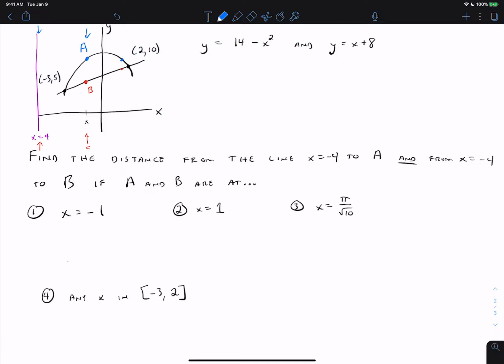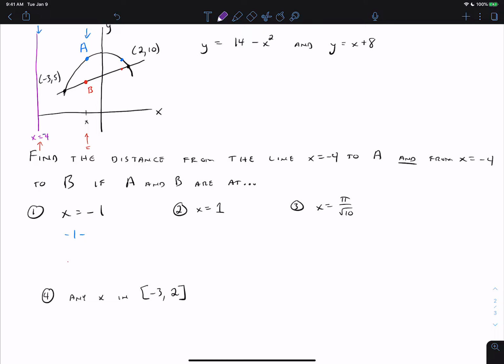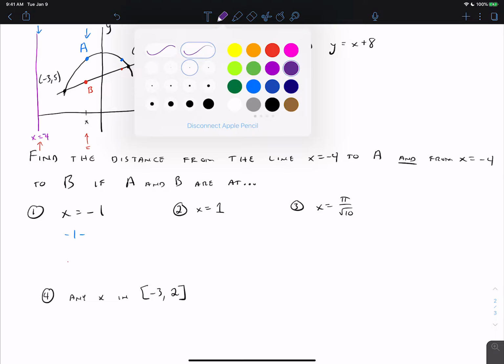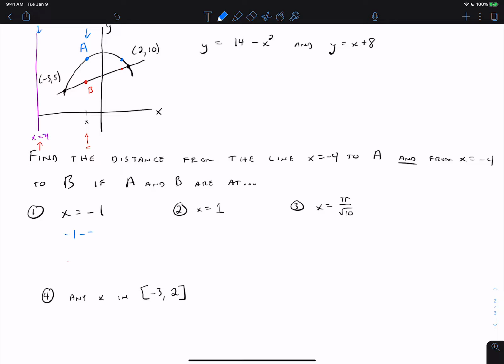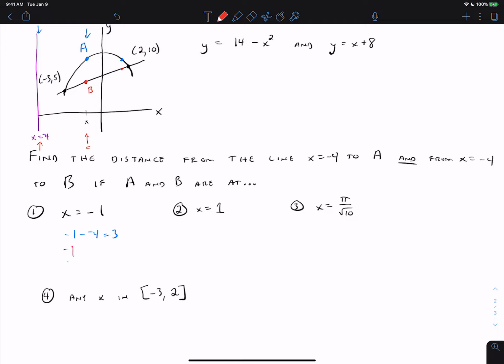So we're going to do the right x for A is -1 minus the left x, whoops, x equals -4, didn't label it right. -4. And so right x minus left x is -1 minus -4, which is then +3. B is exactly the same because it's the same x value as A. So -1 minus -4, which is +3.